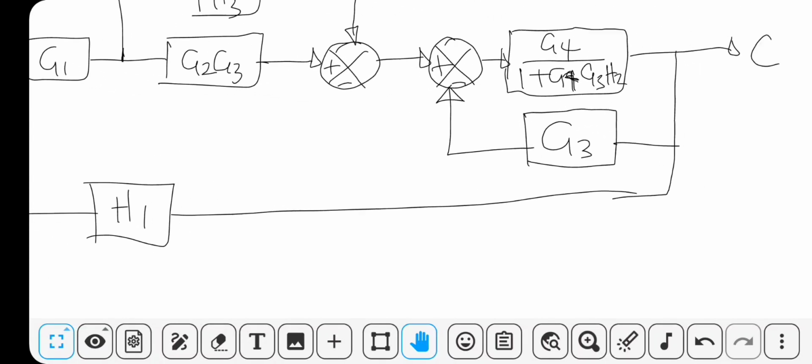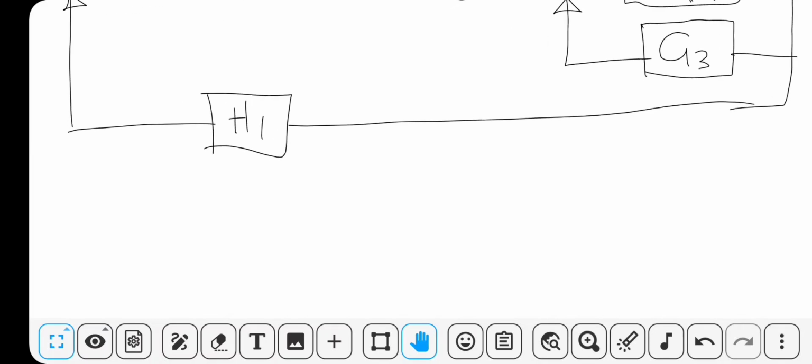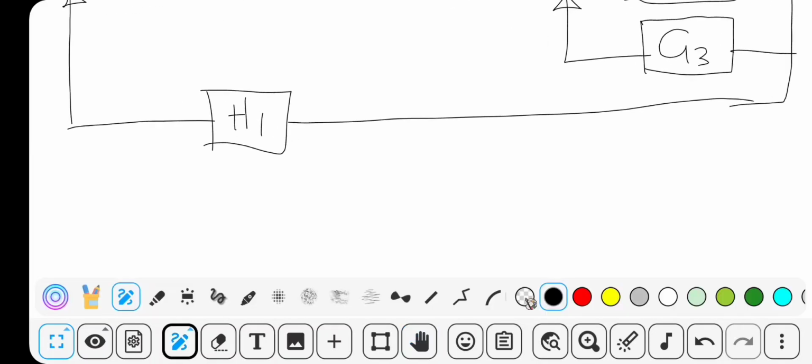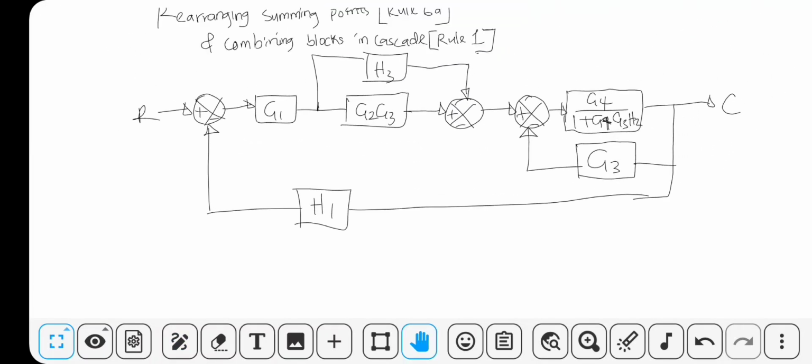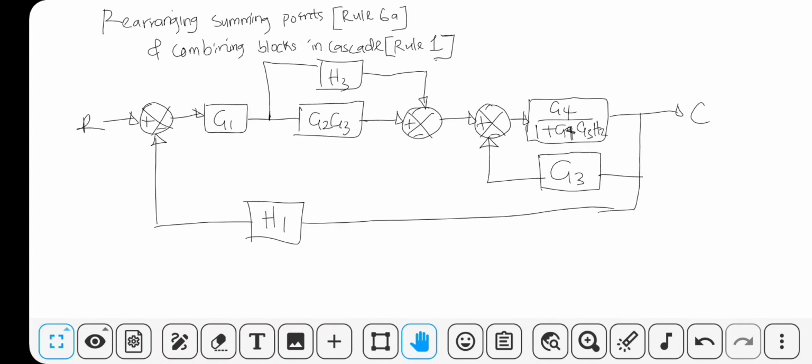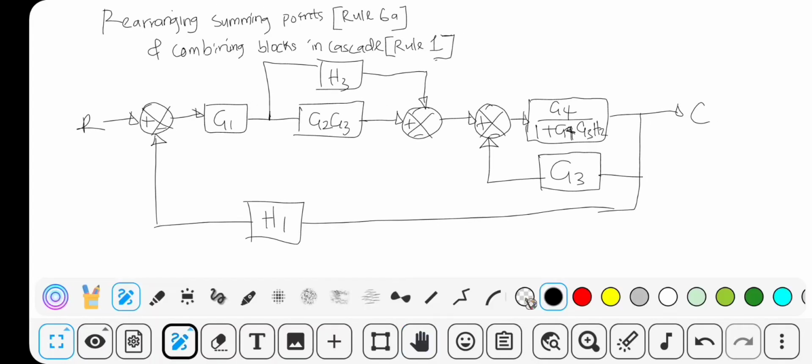So we can continue. This is what you have. So the next thing, we can see that these two blocks are in parallel. We can combine them too, and also these two blocks are in parallel. We can combine them.